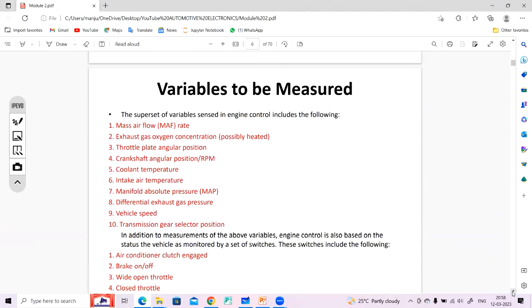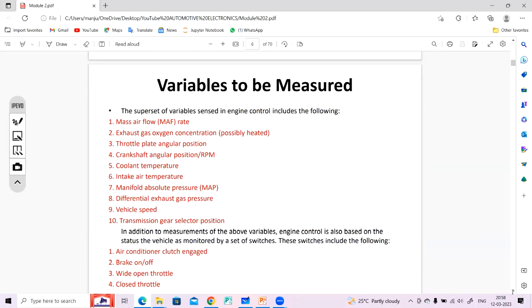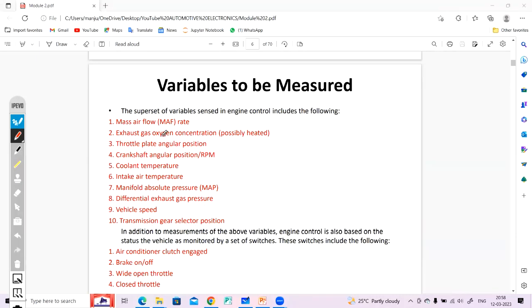Okay, for the variables to be measured, the superset of variables sensed in engine controls includes the following: MAF, that is mass airflow, then exhaust gas, throttle position, crank angular position, that is RPM, the temperature sensor, intake air temperature, MAP, differential exhaust pressure, vehicle speed, brake on/off, wide open throttle and closed throttle operation. These are the additional measurements we are going to see.